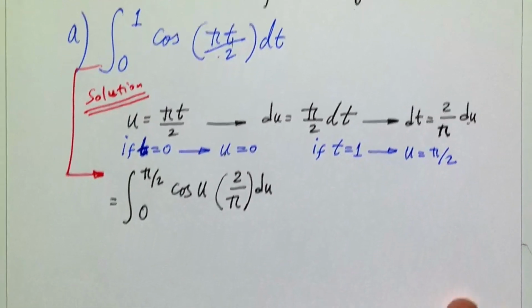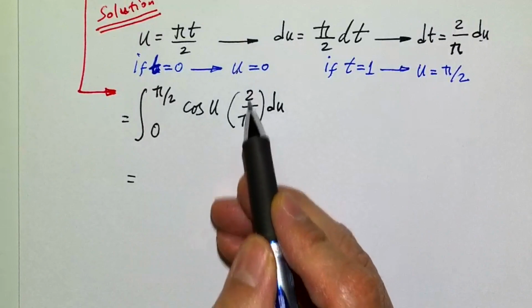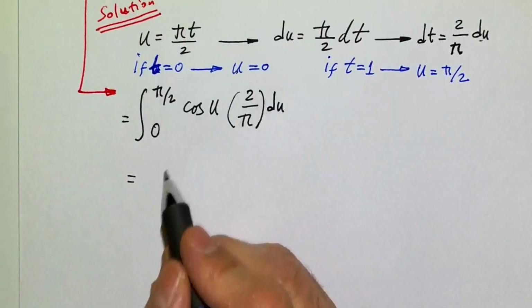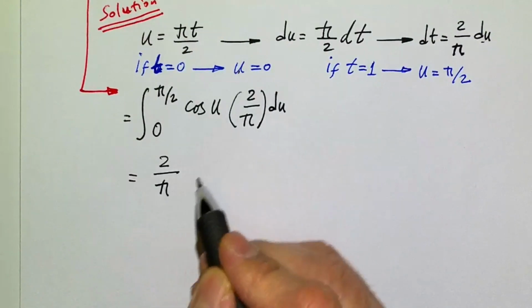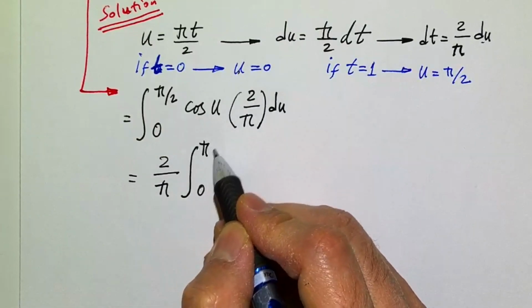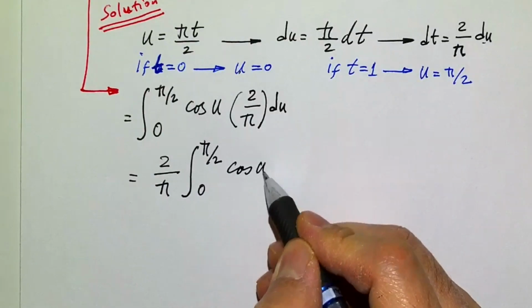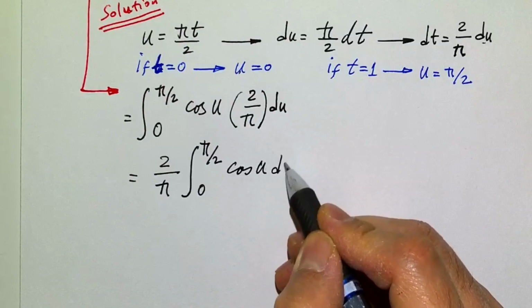So now we can easily bring this 2 over pi out. This is just a constant. 2 over pi times the integral from 0 to pi over 2 of cosine of u du.